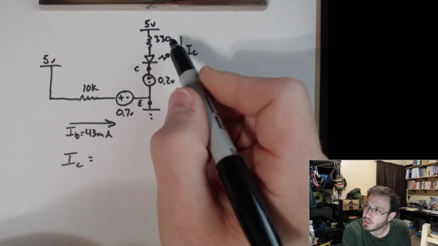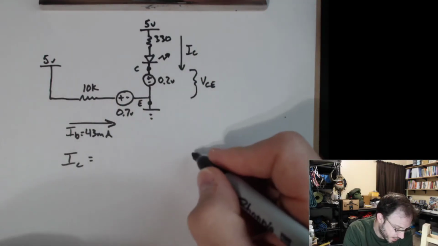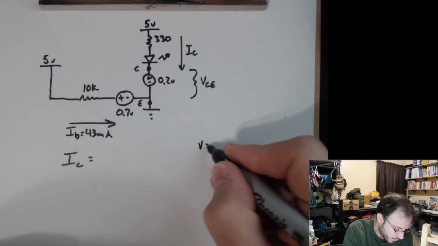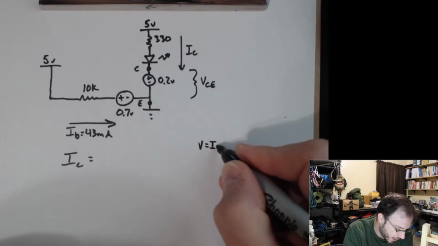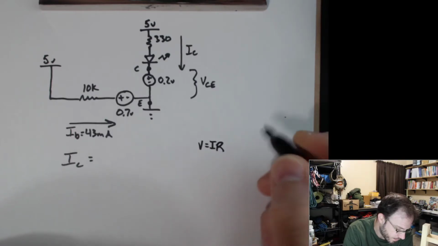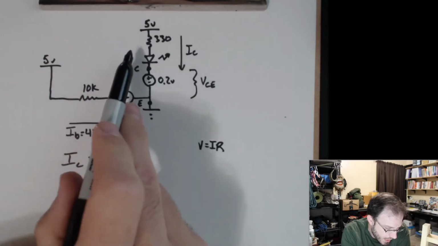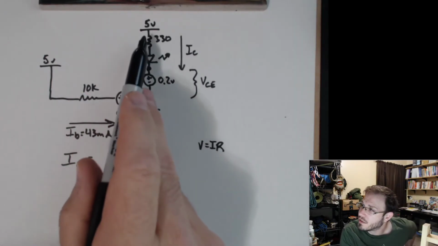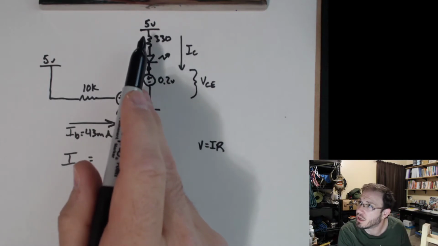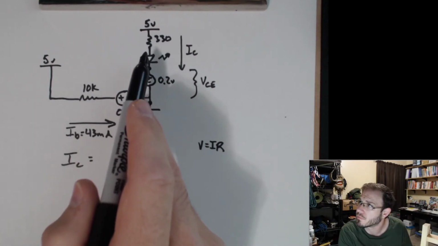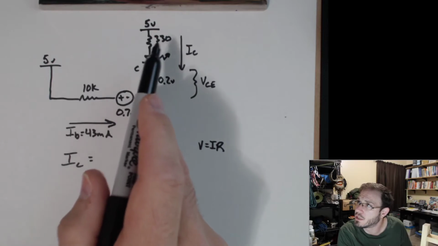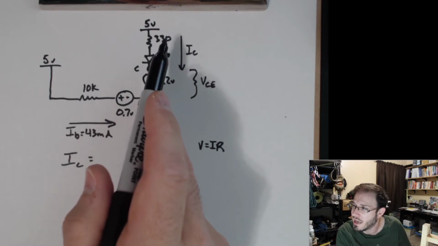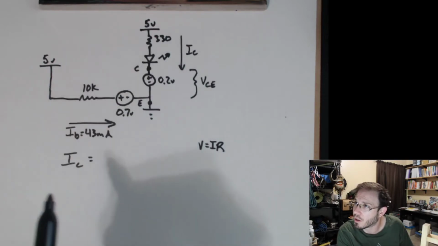So the only thing in this circuit that's actually limiting the current is this 330 ohms. So all we need to do, if we look at Ohm's law here, is to find out what the voltage drop is across this 330 ohm resistor and divide that voltage by the resistance, and that'll end up giving us our collector current.